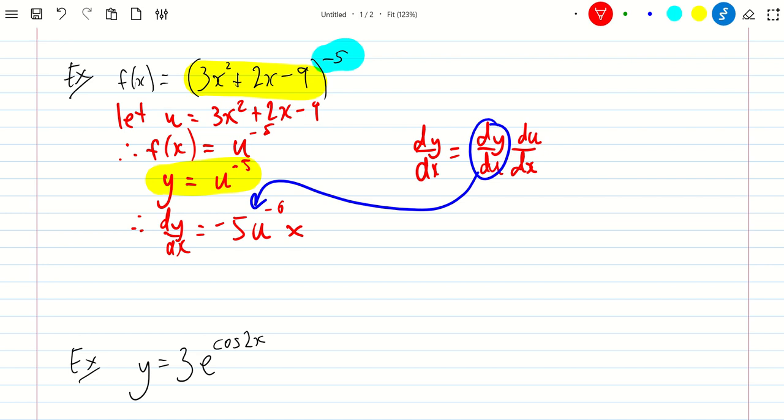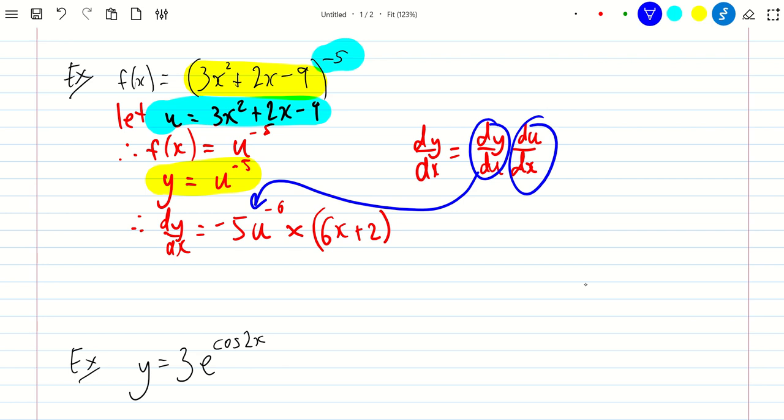What did we say u was? u was 3x squared plus 2x minus 9. That's our u there. So what's the derivative of that? We just need to multiply by the derivative of that, which is 6x plus 2. So there is my dy/dx. Just to highlight what I've done, du/dx is that part there, and dy/du is that part there.